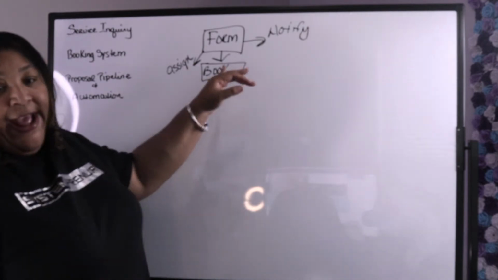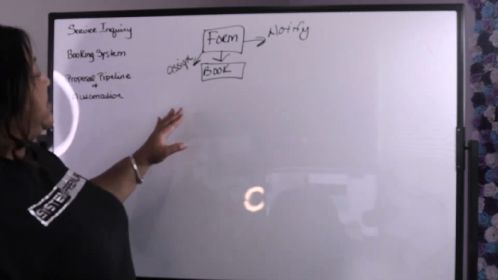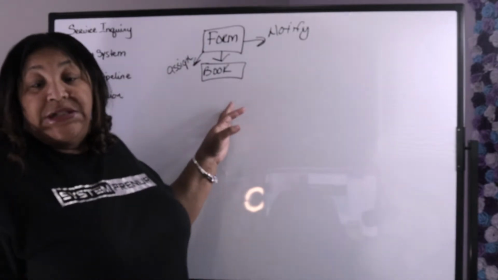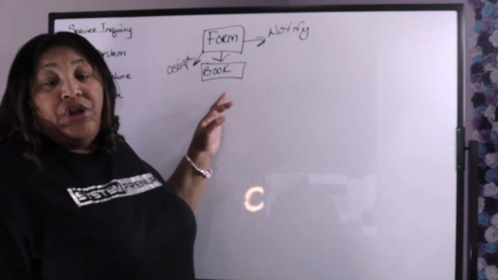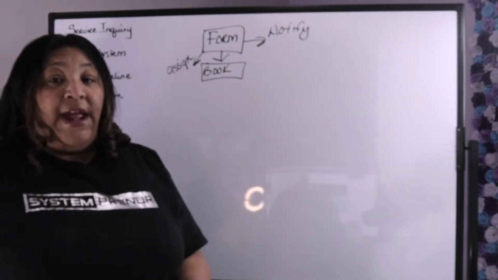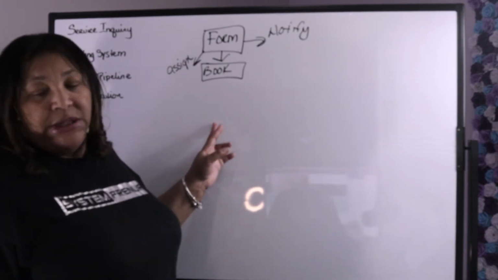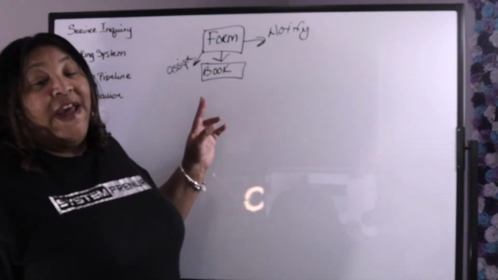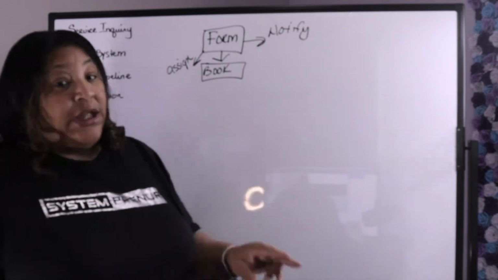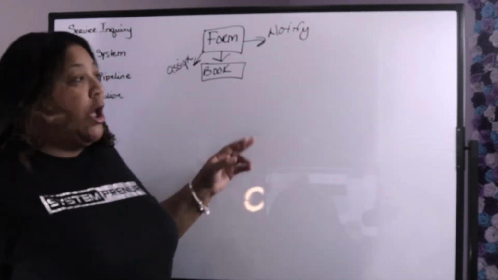Okay, so next, we want to talk about the booking system. With the booking system, you want to make sure you are reminding yourself and the person that filled out this form. So, you want to make sure that it has two things: reminders for the call and follow up after the call.